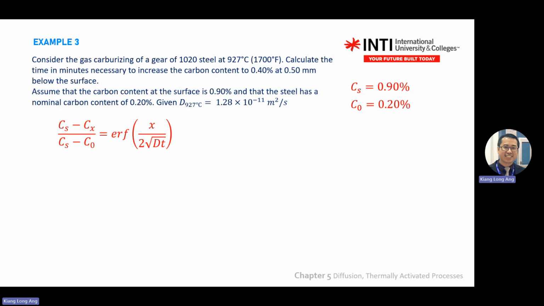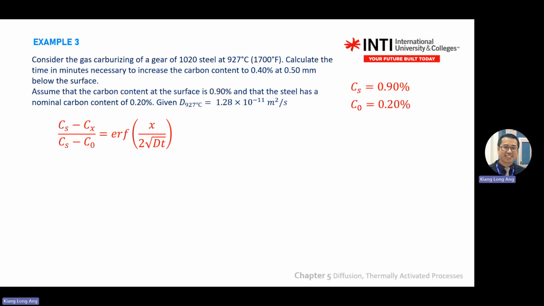C0 is the original, the nominal carbon content before you do the carburizing, already 0.2%. Now CX is what you want to find. It tells you to calculate the time necessary to increase the carbon content from 0.2% up to 0.4% at this depth.